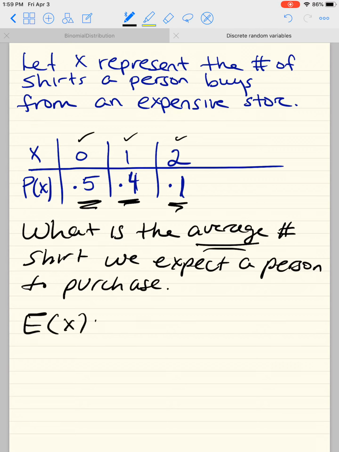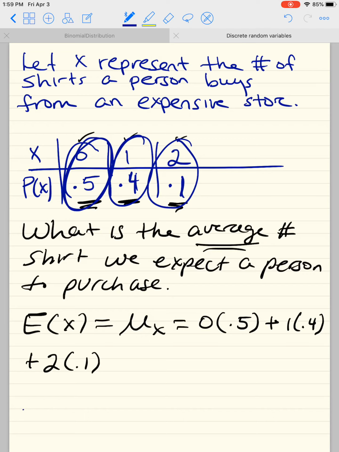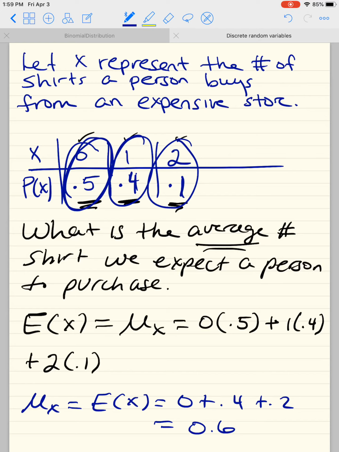E of x, which is also mu of x, is equal to 0 times 0.5 plus 1 times 0.4 plus 2 times 0.1. So all I got to do is take this number and times it by this number, and this number times this number, and this number times this number. And mu of x, which is equal to E of x, is equal to 0 plus 0.4 plus 0.2. So we expect, on average, that each person buys 0.6 of a shirt.